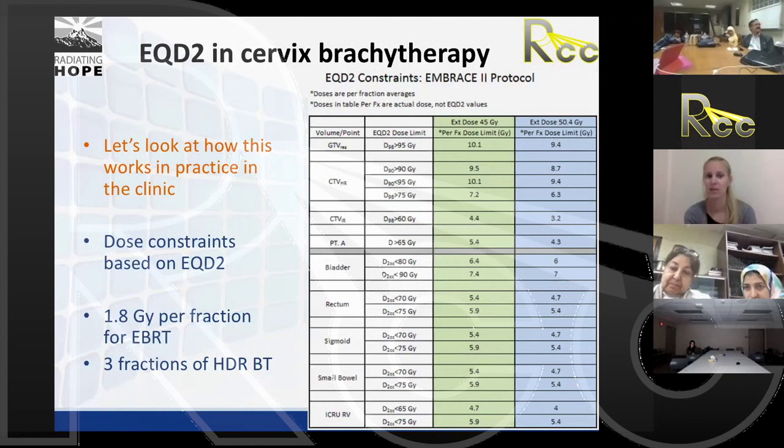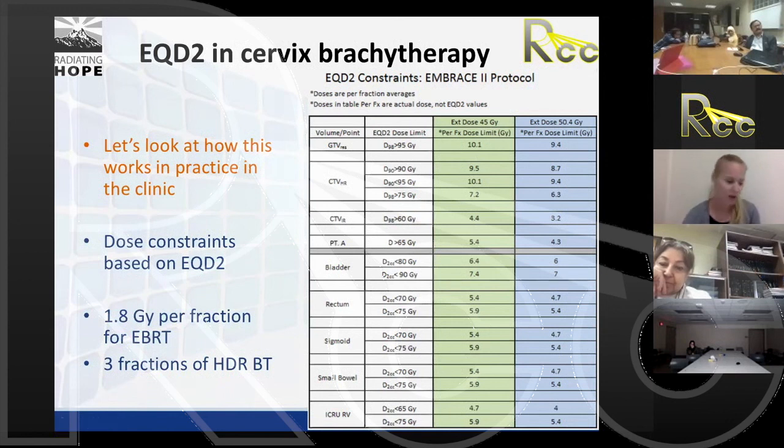The assumption that they make in these dose constraints is that you're using 1.8 gray per fraction for your external beam. And these values have been calculated by Adam and myself for 3 fractions of high dose rate brachytherapy. I think the table we might have sent out might have 2 tables, if you're doing 3 or 4 fractions of brachytherapy. It just depends on the resources you have.